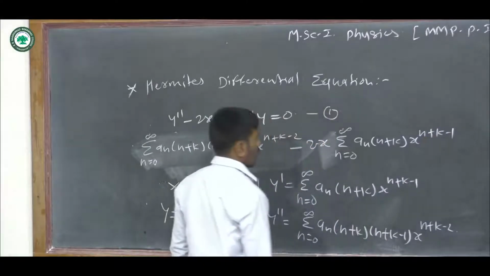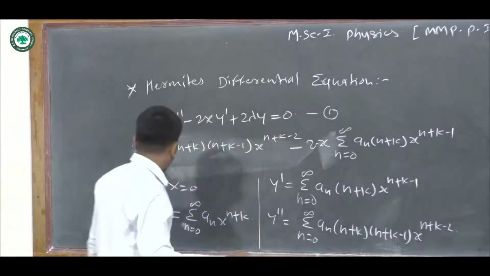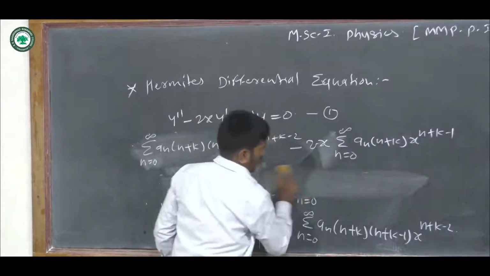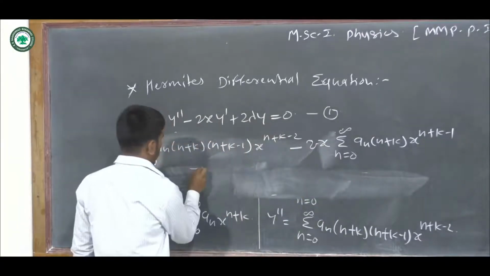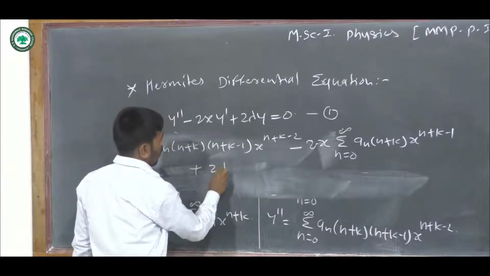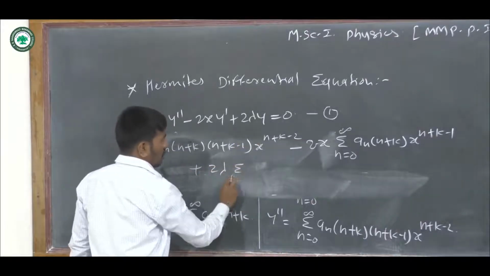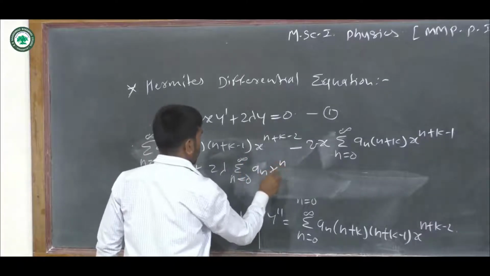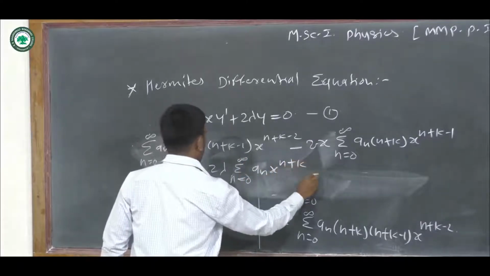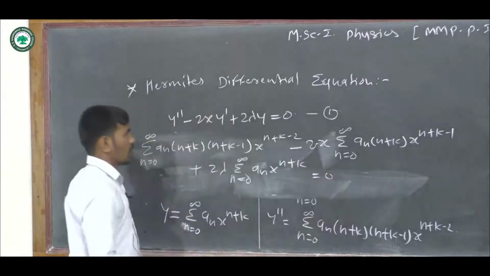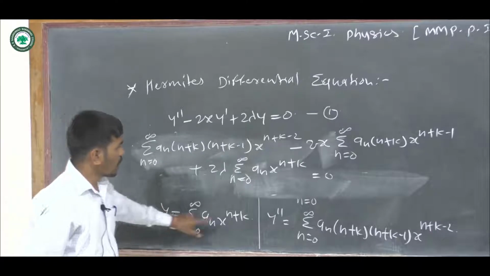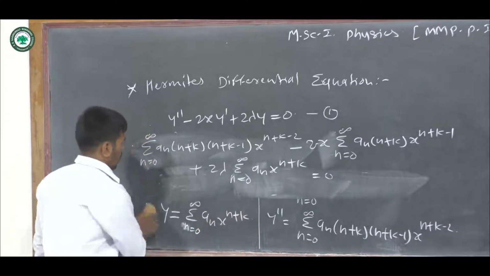And the last term, plus 2 lambda for the y, is summation n is equal to 0 to infinity a n x power n plus k, is equal to 0. This is the expression after substituting y double prime and y prime.